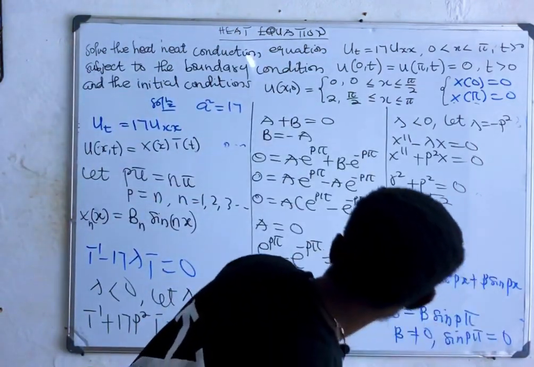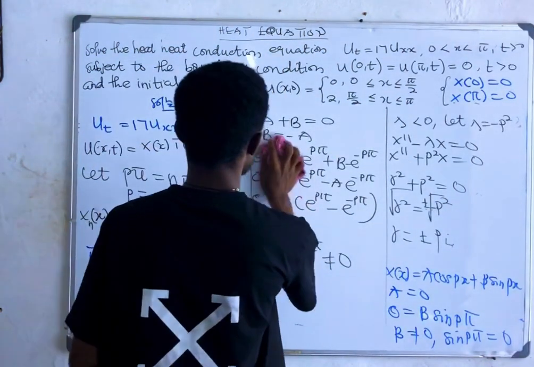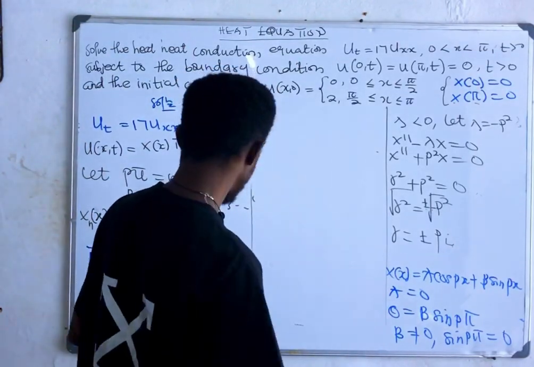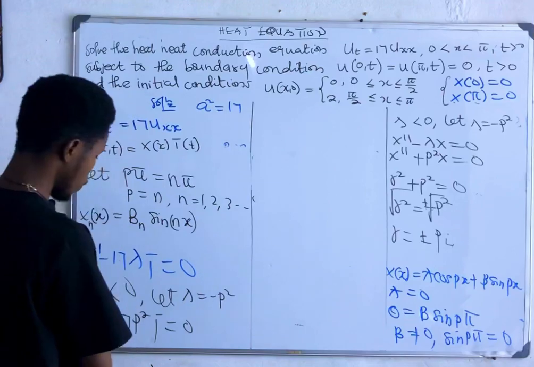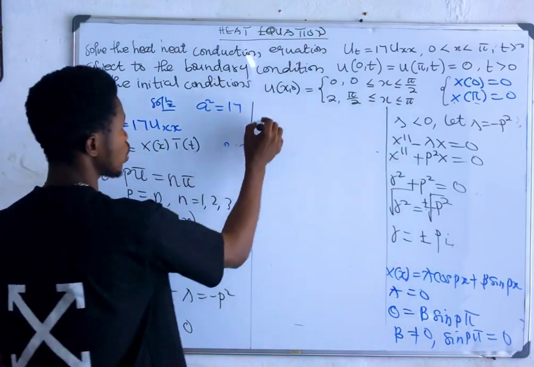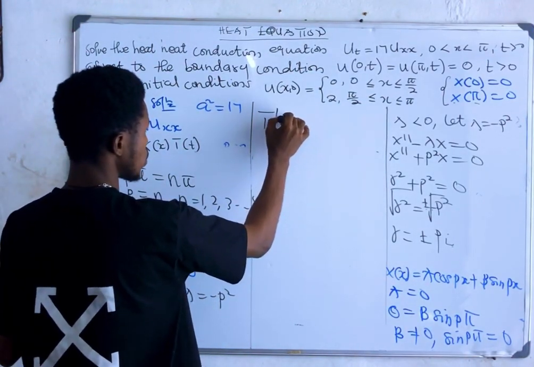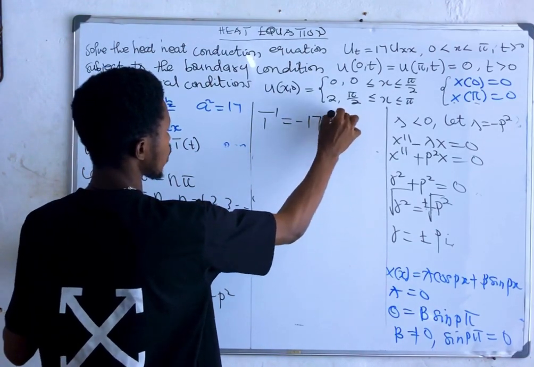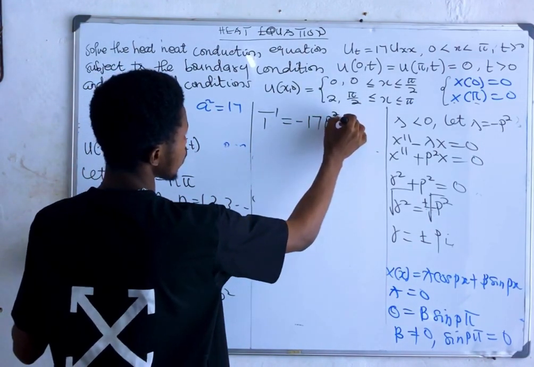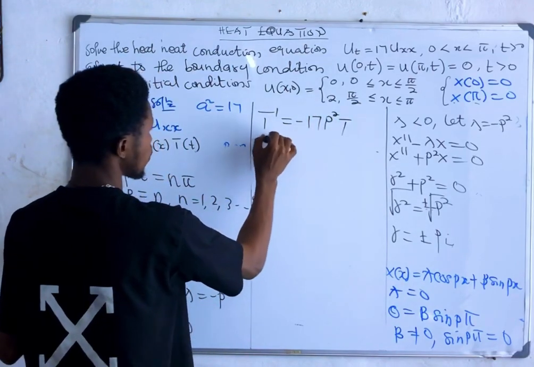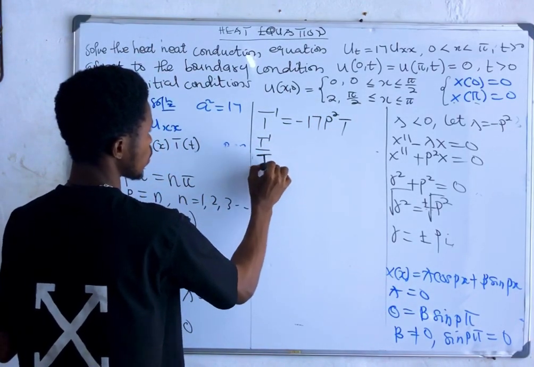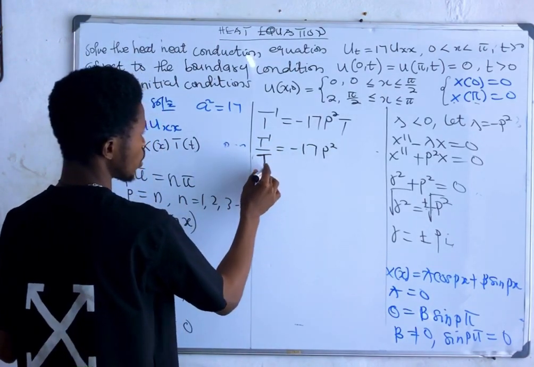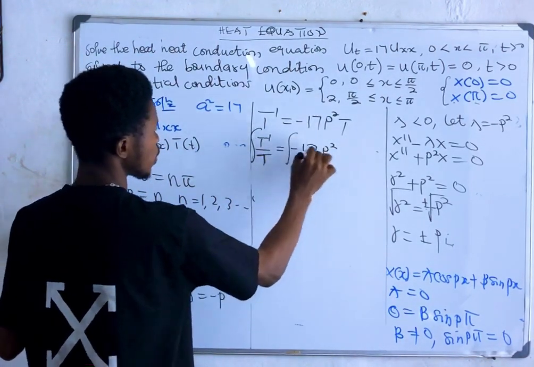So let me clean here. This is first order, so it's easy to solve. I'm having t prime equals negative 17p squared t. So t prime over t will be equal to negative 17p squared, which you integrate with respect to t.